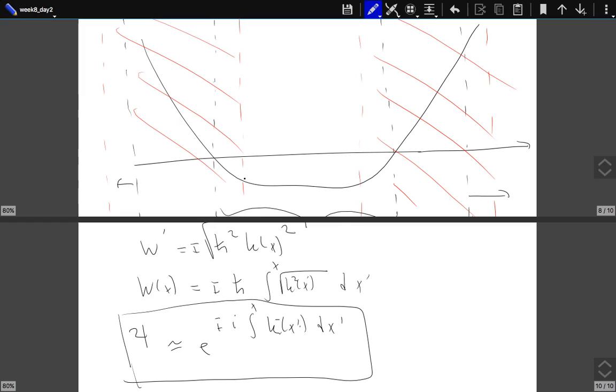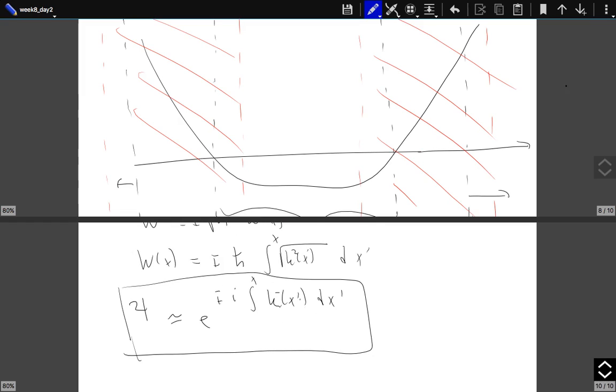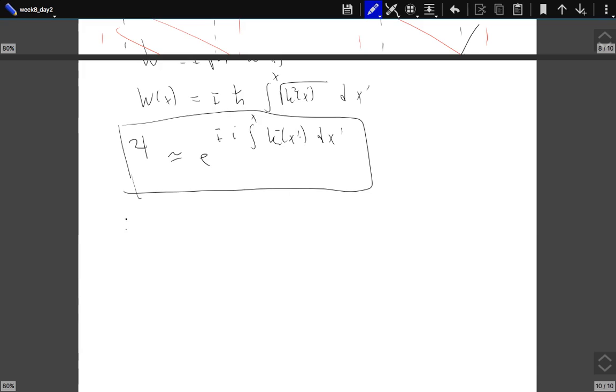In the classically forbidden region, you see k of x is imaginary.